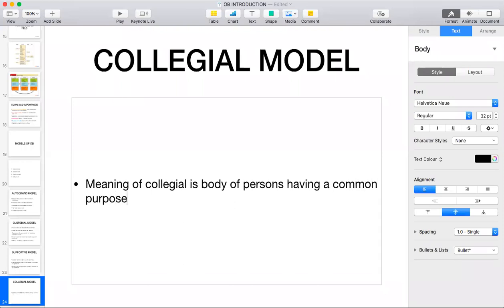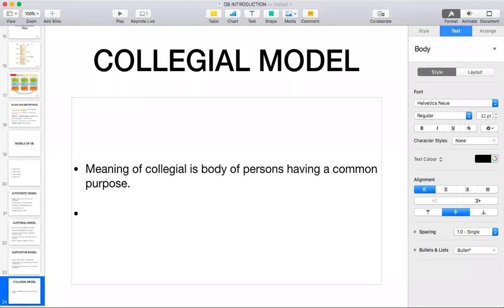These may be any social group, the directors of the company, the think tank of the company. And this collegial model is based on the team concept.